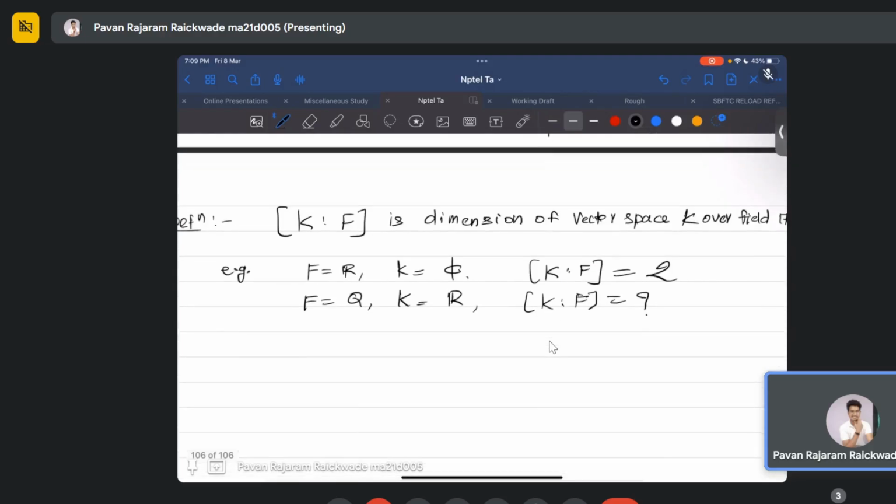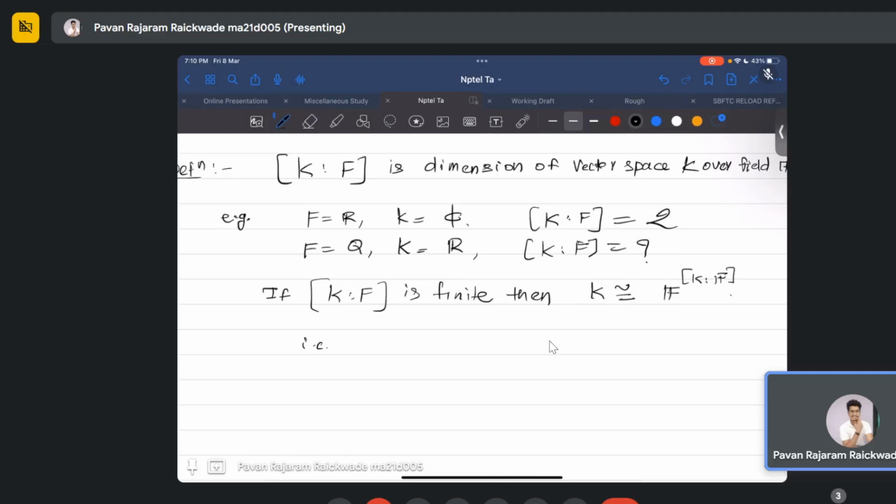Why? Because any finite dimensional vector space is isomorphic to F^n, where F is the field, the subfield over which it is taken. So if it is finite, then K would be isomorphic to F raised to the dimension.